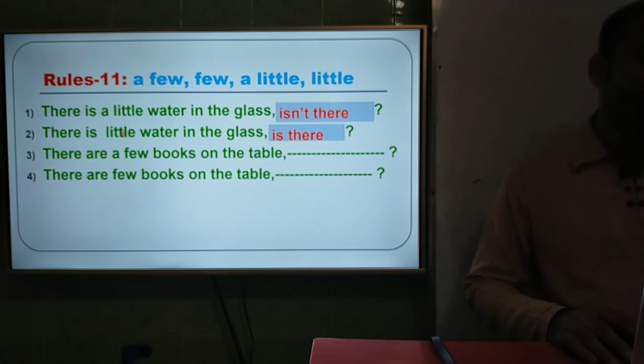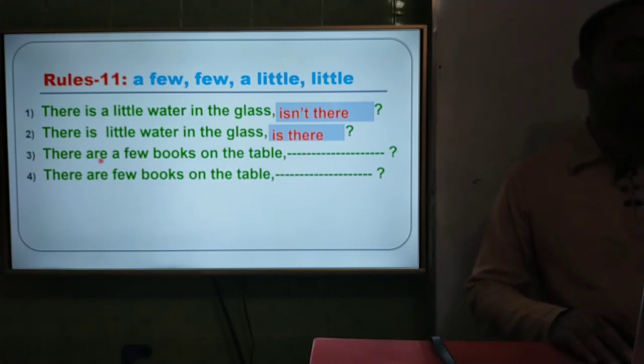According to the rules of 1 and 2, 3 and 4 will be just like 1 and 2. "There are a few books on the table." Here we have got "a few", and according to the rules, "a few" is an affirmative sentence, so the tag question will be negative.